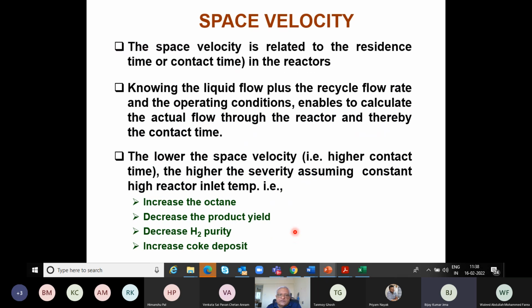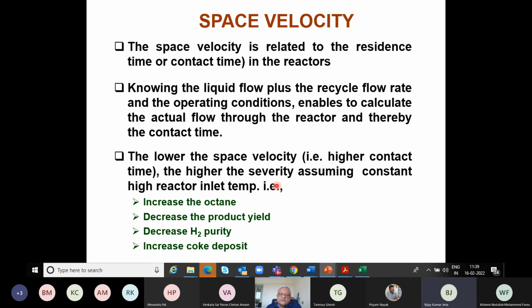Now, going back to the previous slide, if for the same reactor configuration, the same reactor volume, the same reactor size, I start putting in a lesser flow rate, lesser feed, then my space velocity goes down.